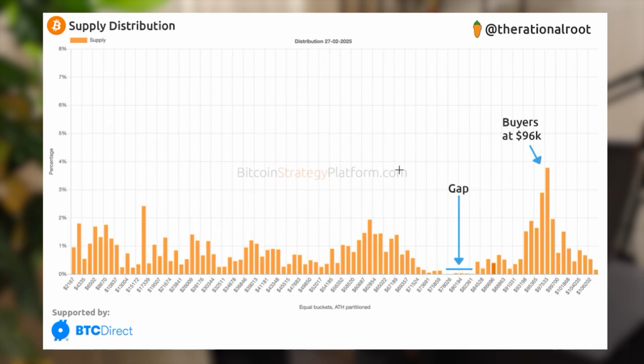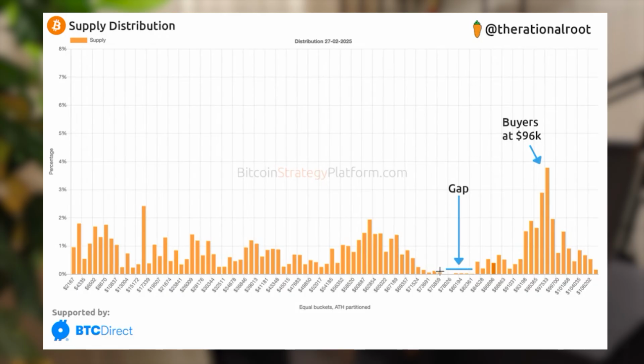But if I look at the supply distribution, a few questions pop up. The first one is: if there is a vertical move going up or an expansion of price, are we always seeing such a gap? No, not always. But there are moments in history where we've had a gap and it has been filled.